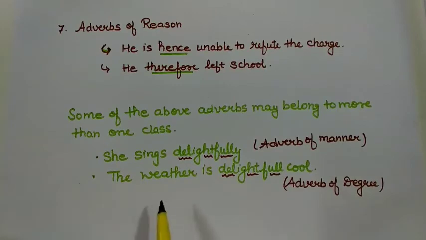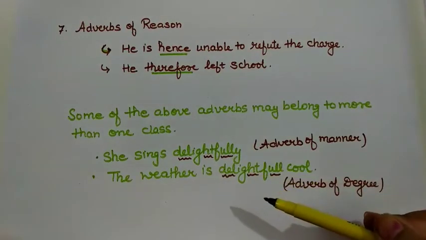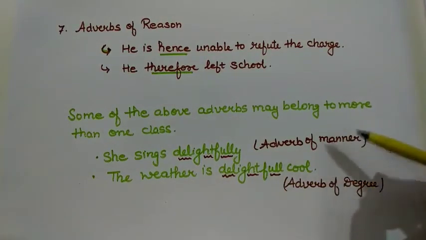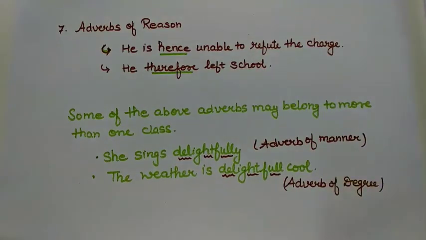Like, the weather is delightfully cool. Here, delightfully is showing up to what extent the weather is cool. So, both the words are the same but are used as different adverbs. So, it is possible that some adverbs may belong to more than one class of adverbs.